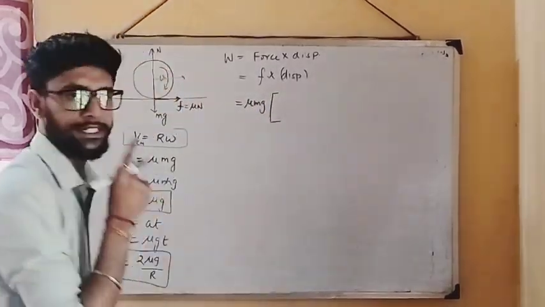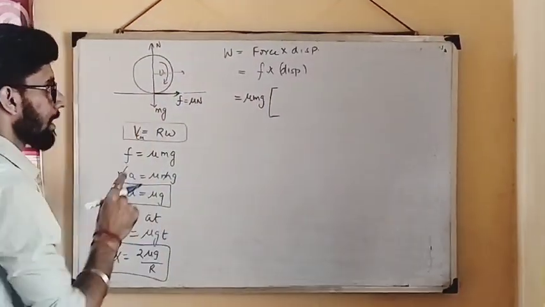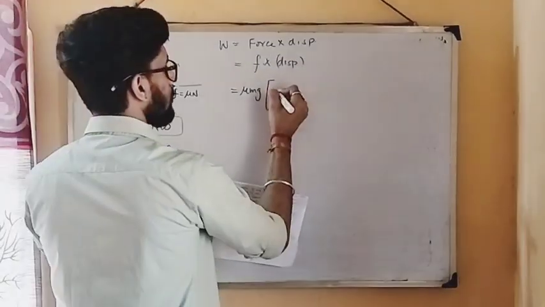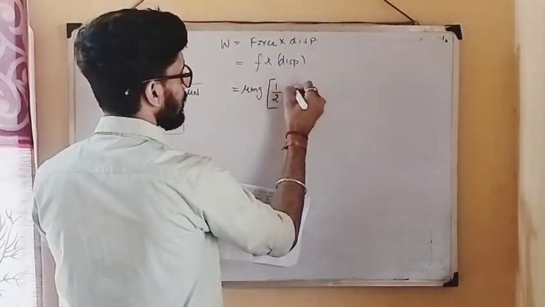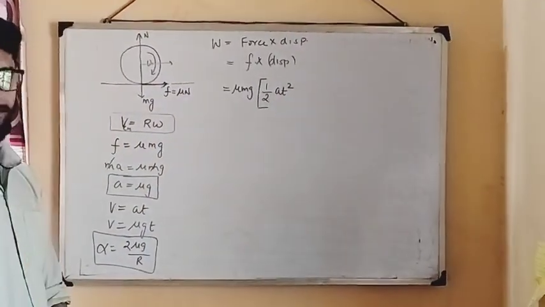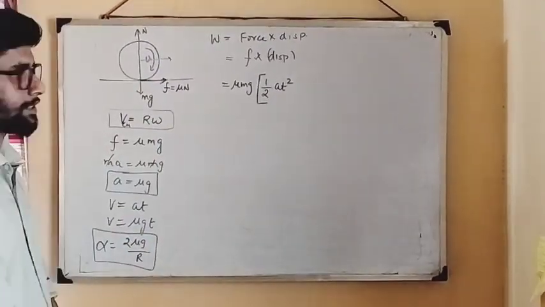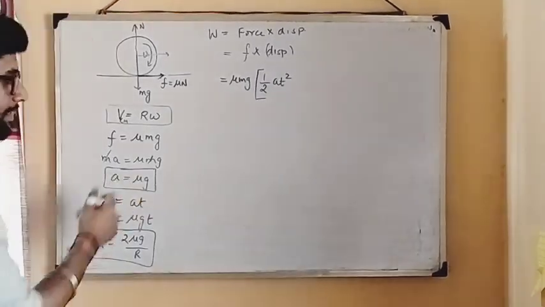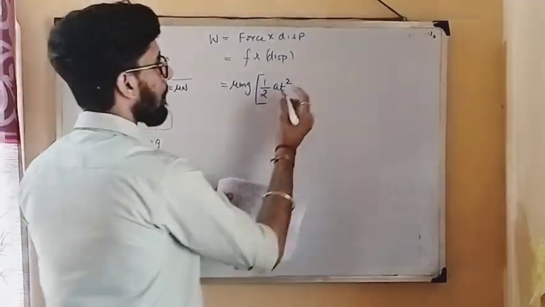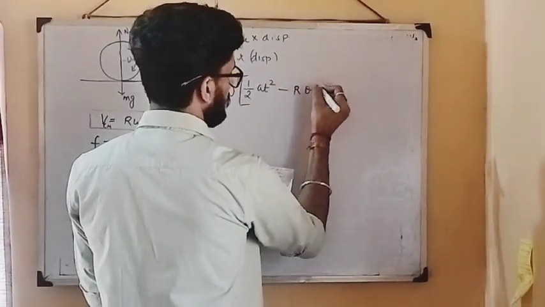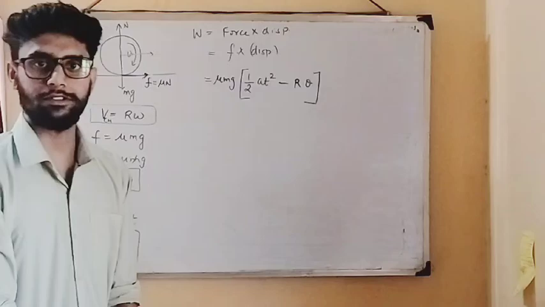The displacement part can be calculated as, we know that s is equal to ut plus half a t square. From here, we can calculate it as half a t square. That will be your total distance traveled due to linear motion, right? So half a t square, and we have already calculated a over here, minus r theta, and theta is your angular displacement.